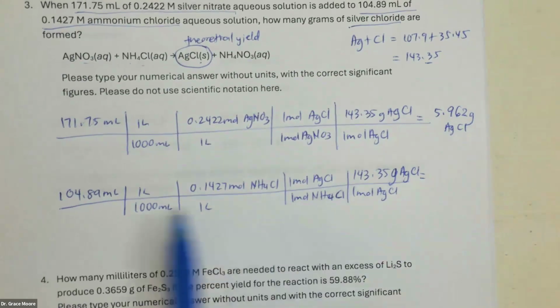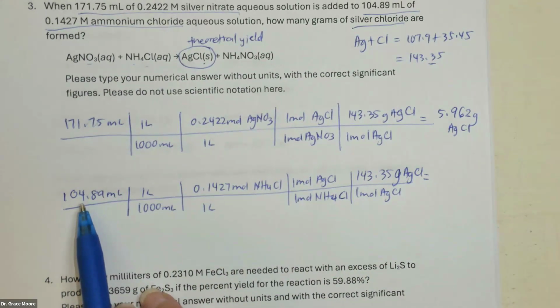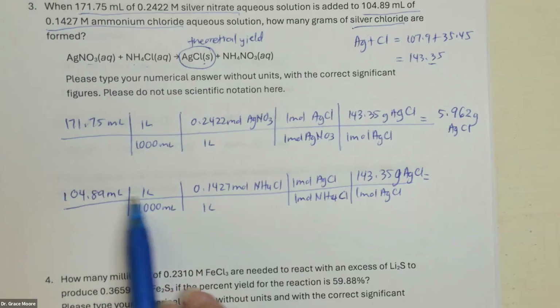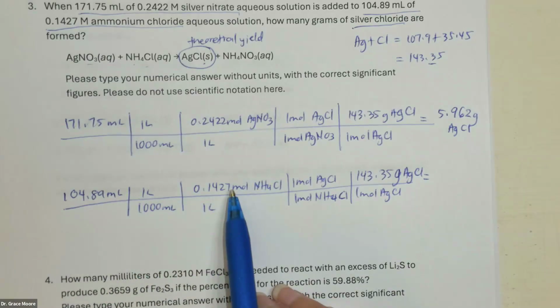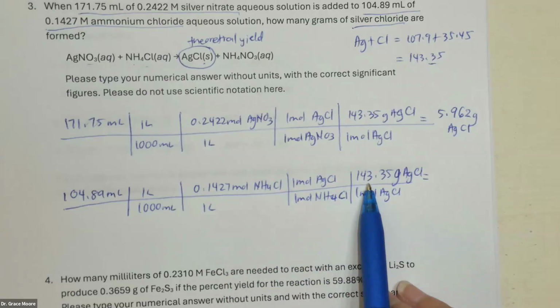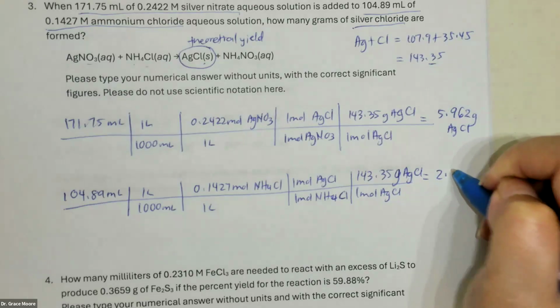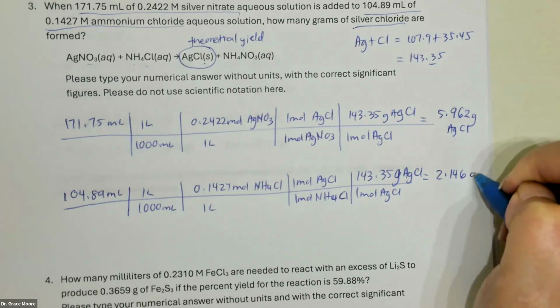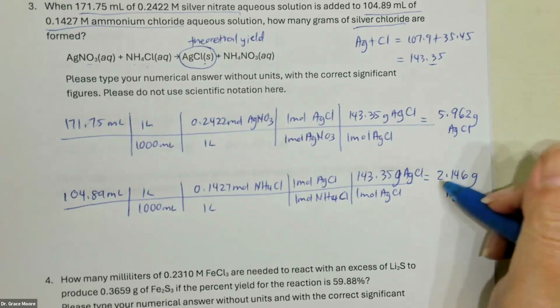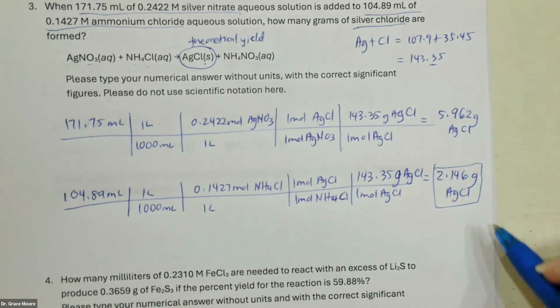And then you do the same for the second reactant, 104.89 mils divided by 1,000 times 0.1427 times 143.35, and you'll end up getting 2.146 grams. So again, I picked the smaller number.